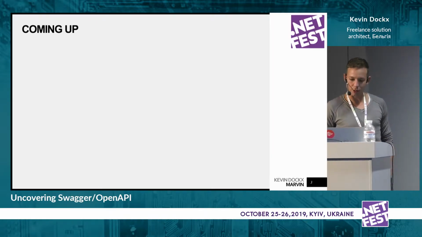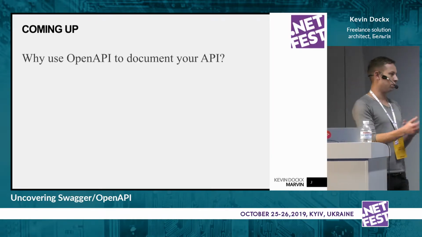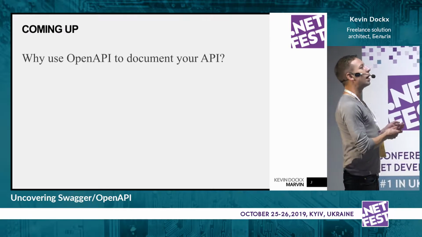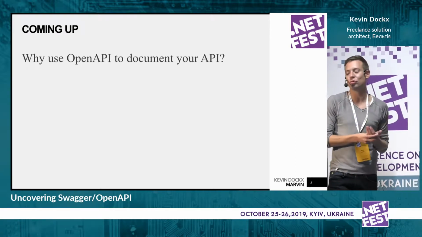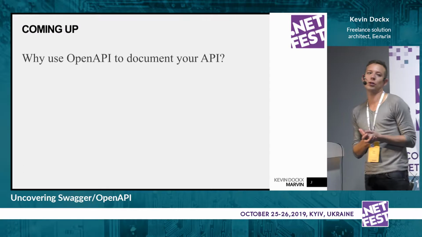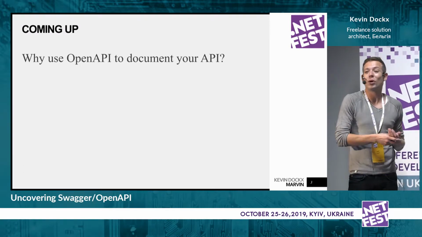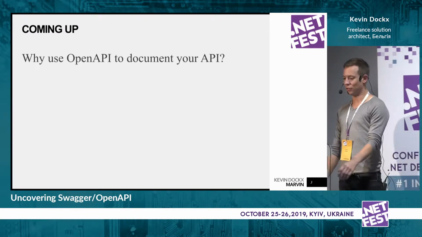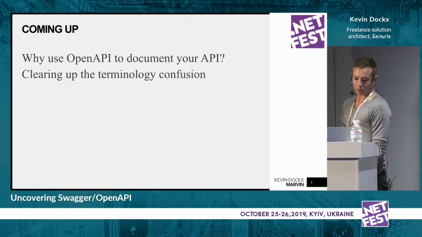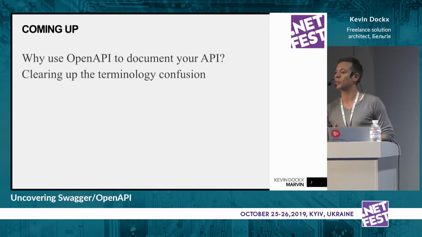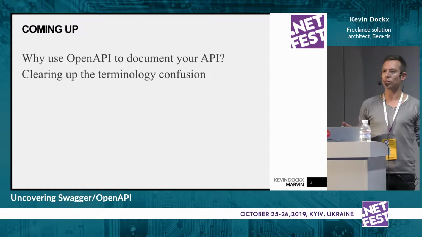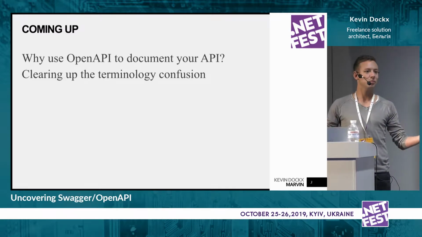Okay. What are we going to talk about today? Well, we're going to start with why you could use or should use OpenAPI to document your API. In essence, why you should document your API in the first place. Then we're going to try and clear up a bit of terminology confusion. I guess most of you have heard of Swagger. Yeah?